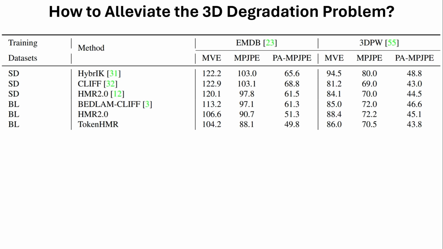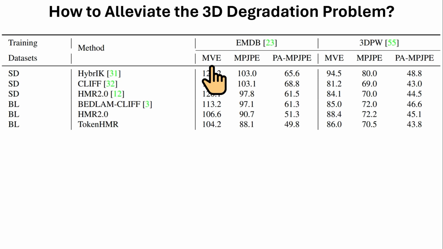And they have used different methods, and they have tested them on the EMDB dataset, which is an in-the-wild video dataset where the camera is moving in addition to the person, and also the 3DPW dataset. The metrics they report are, first, MVE, which stands for mean vertex error. Once we have these 7,000 vertices, we take the difference between the estimated vertices and the actual vertices, and then we take the mean.